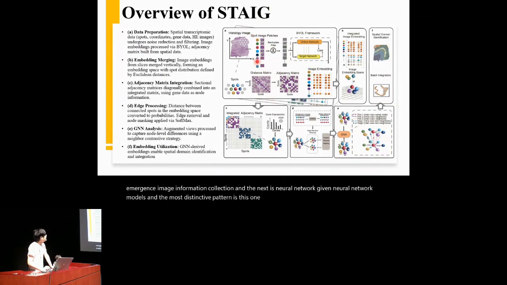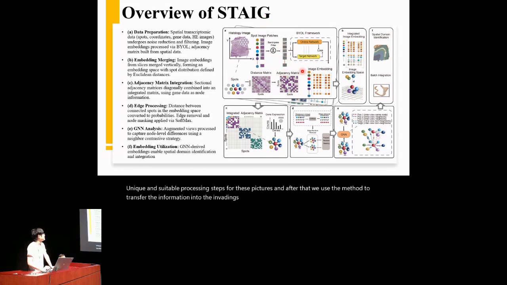For STAIG, it first gets the spot image patches, and then we design unique and suitable processing steps for these pictures. After that, we use a self-supervised method to transfer the information into embeddings.